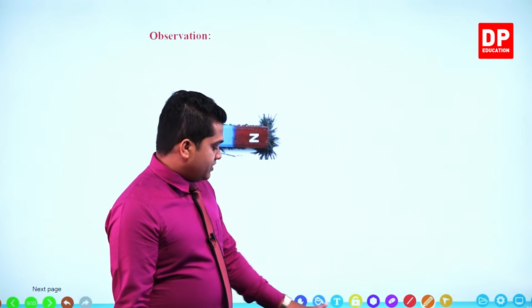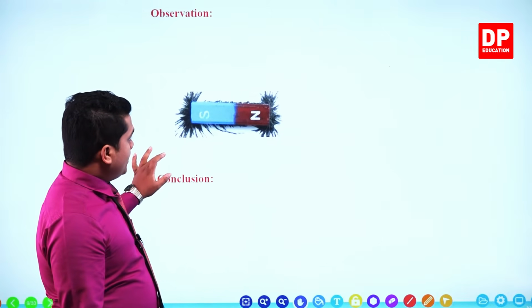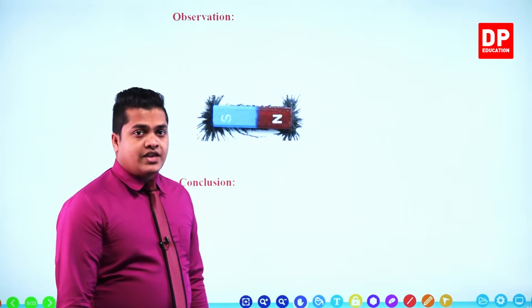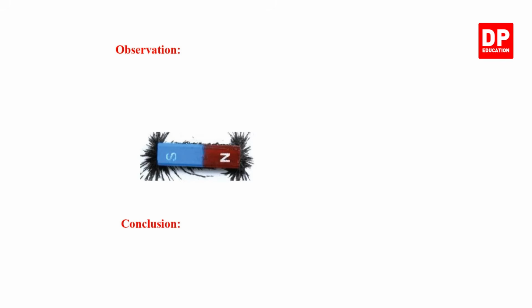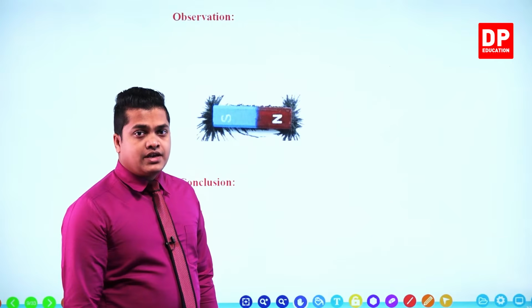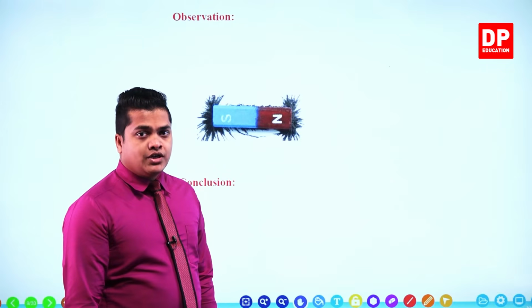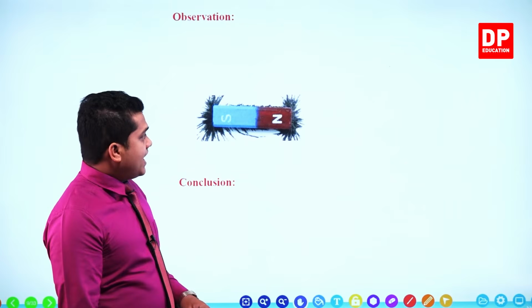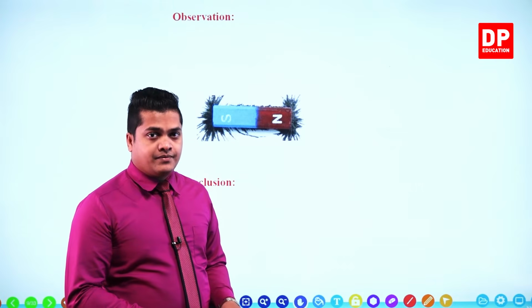You have observed the iron fillings or the iron powder like this, right? This is how the iron powder or iron fillings arrange around the bar magnet. This is the way of arrangement. You have observed this.